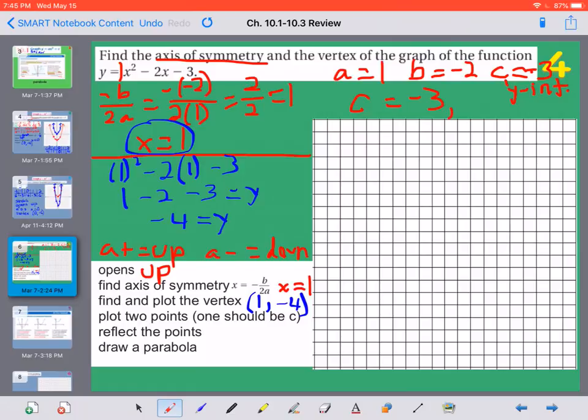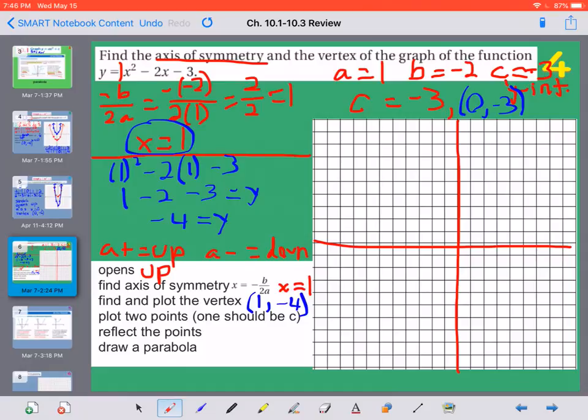So that means C, our y-intercept, is going to have a point at 0, negative 3. So it looks to me like my vertex and my y-intercept, our x values are only 1 away. So what I know then is I can just draw a pretty standard graph. I don't need to shift it over or up or down at all.